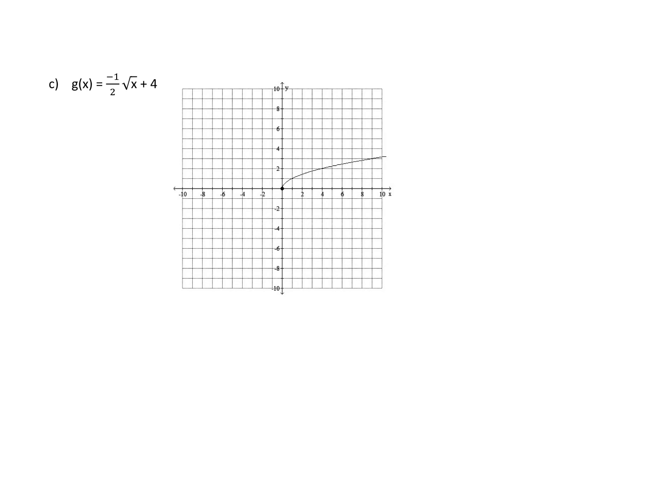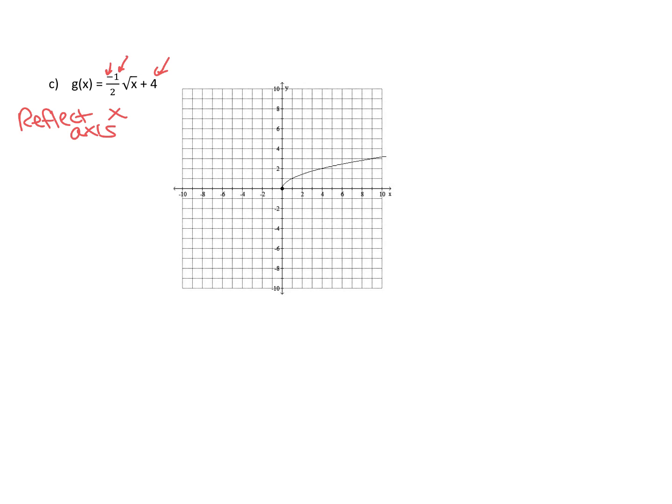Okay, so we got a few transformations going on here. We have, that's 1. The 1/2 is 1. And the +4 is 1. So when you think about this, the negative is its own special transformation. We know the negative is actually going to make it reflect over the x-axis.